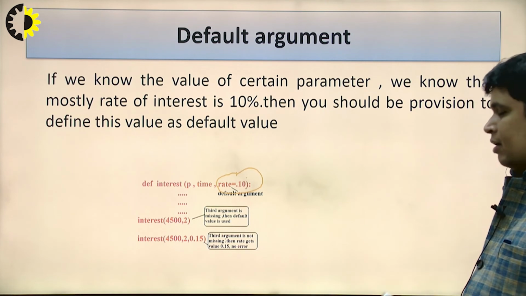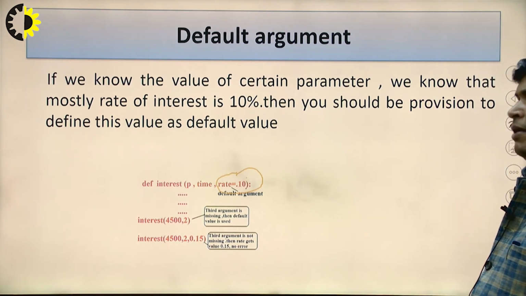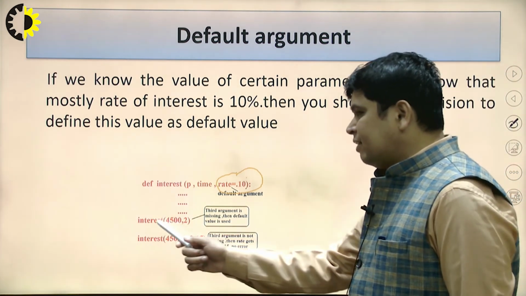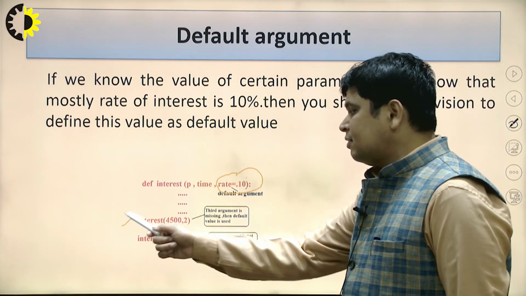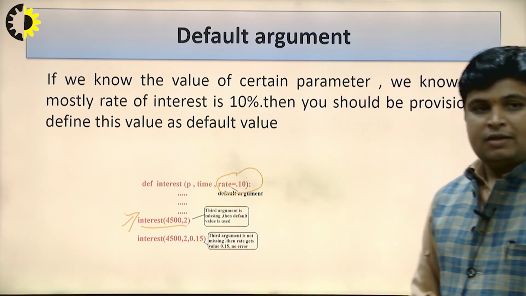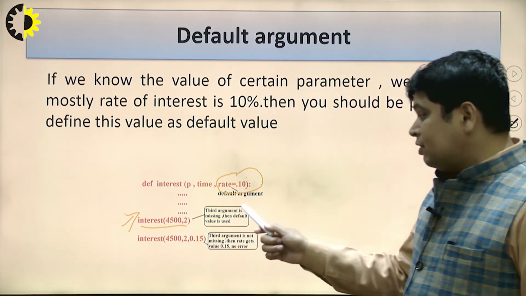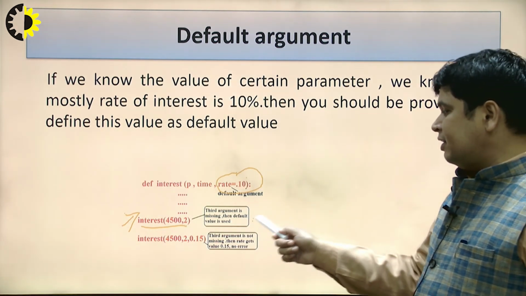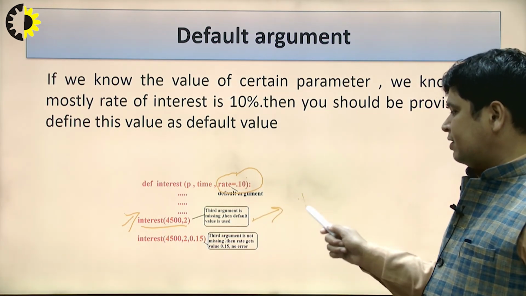Now I can give this argument as a default argument. Okay. You will see here in the first call I have passed only 2 arguments. In this scenario, the third argument is missing, so the default value is used. In this call, 0.10 is used.